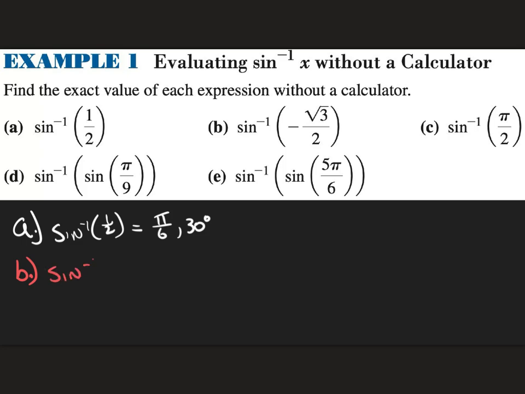B, the sine inverse of negative root 3 over 2 is going to give us a negative pi over 3, or a negative 60-degree angle. Remember, you have to remember where the sign is positive and negative.